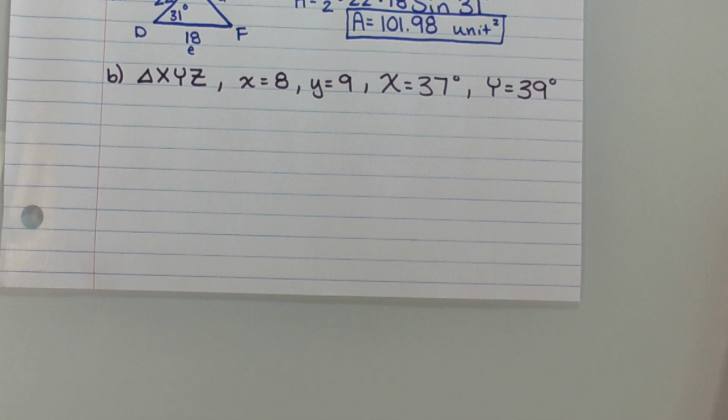Now, if you wish, you can draw yourself a triangle. If you don't wish to do so, you don't have to. But you do need to know if you have two sides and the angle between to use this formula.